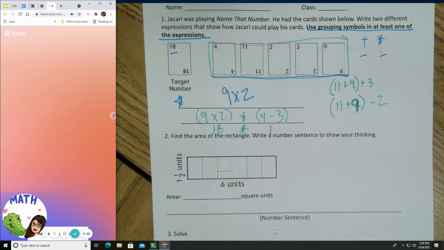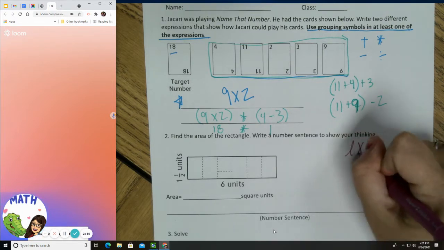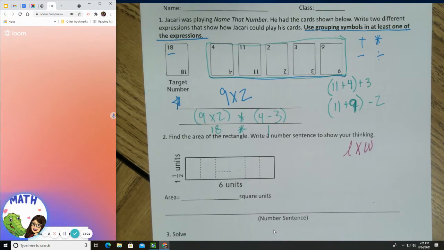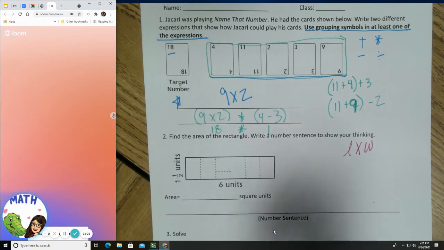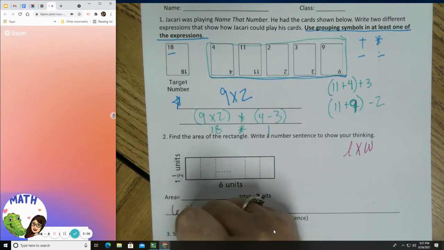Number 2, find the area of the rectangle. Write a number sentence to show your thinking. The first thing I want you to remember is that to find area, we do length times width. So your number sentence could be 6 times 1 and a half.